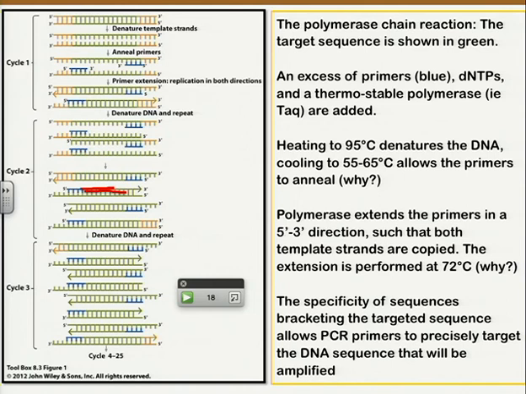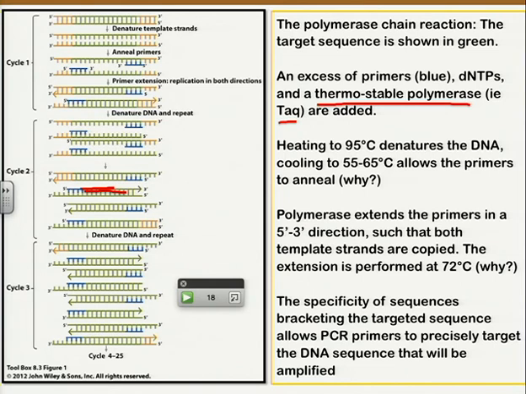So the polymerase can polymerize at an elevated temperature, 72 degrees. So it's a thermostable polymerase, from an organism abbreviated Taq, which stands for Thermus aquaticus, something like that. Hot water comes from the hot springs.